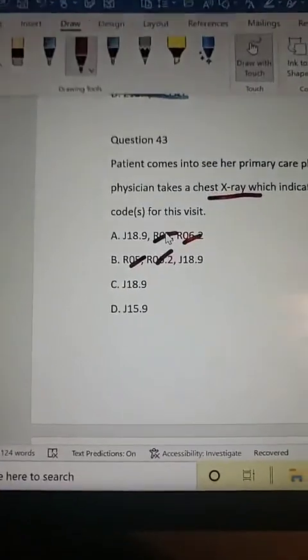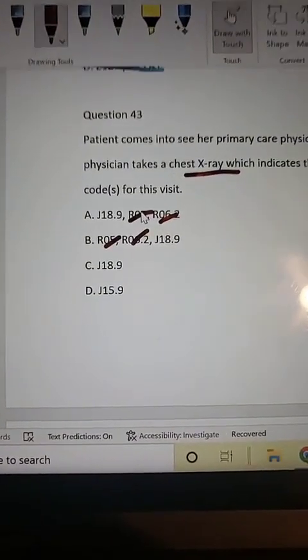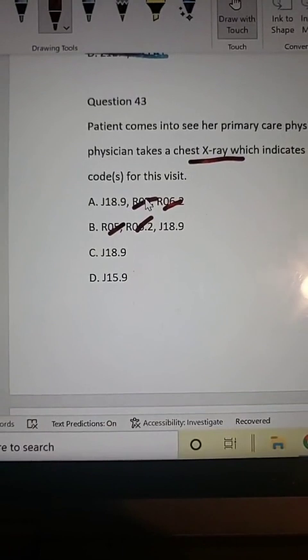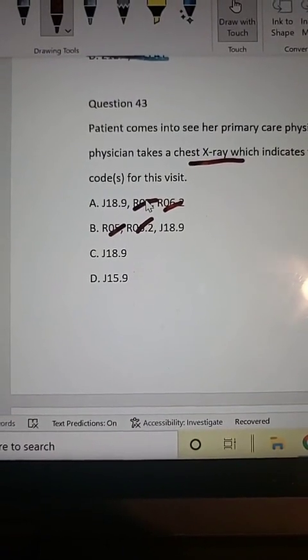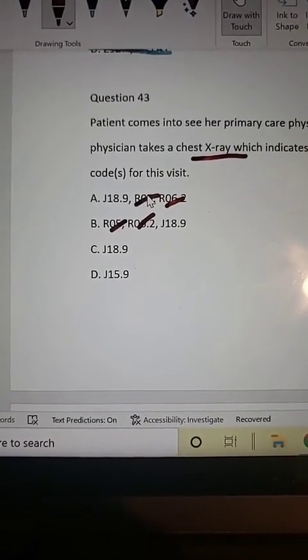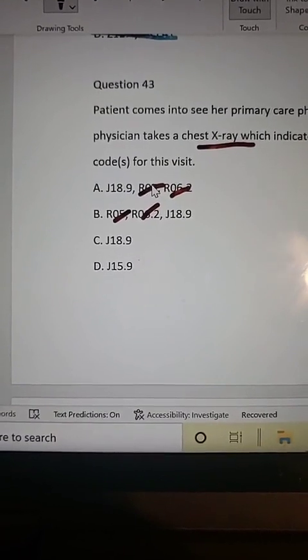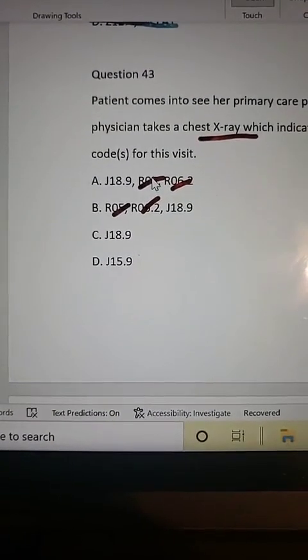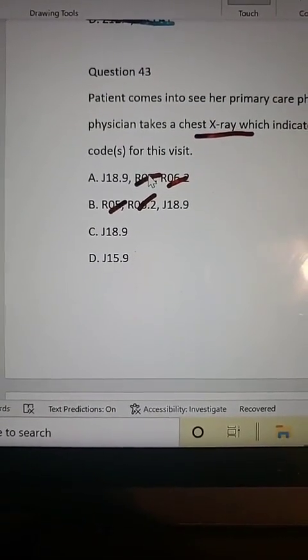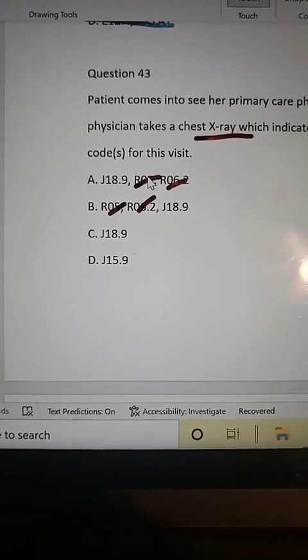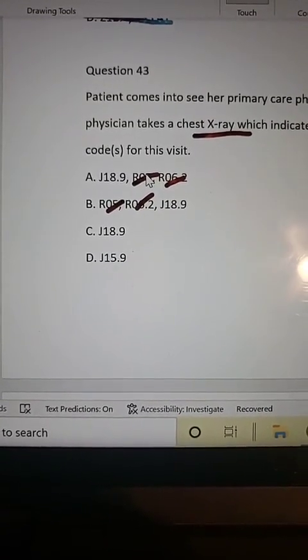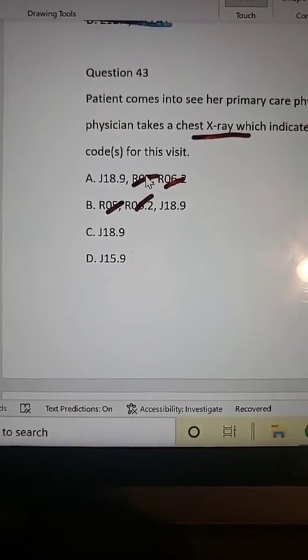Now, if she has long haulers from COVID where her symptoms come and go and they change, or if you've got some of those patients who have fibromyalgia or a multi-symptom pain syndrome of some sort where symptoms come and go, you need to code their symptoms with it because they change from one time to another.